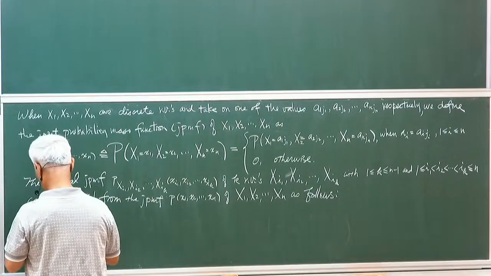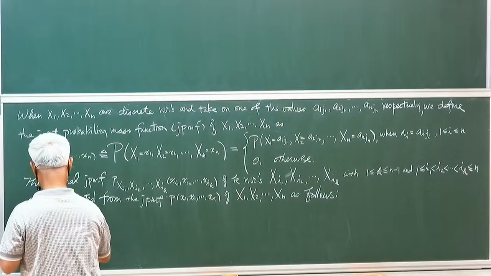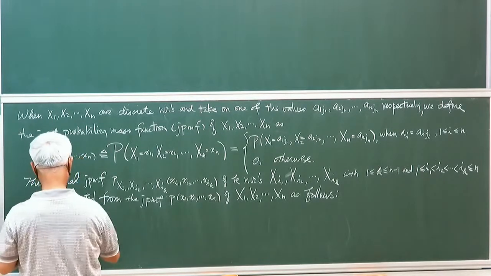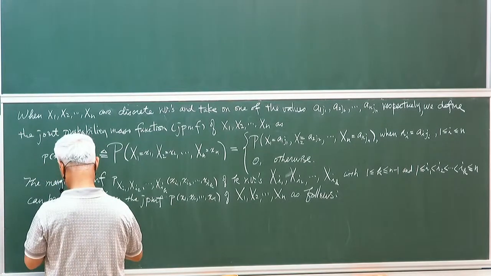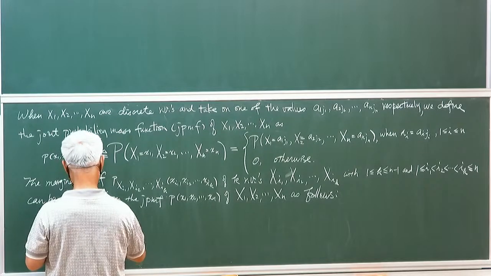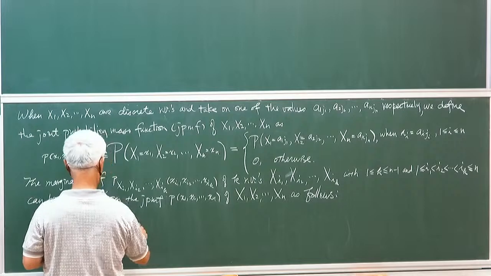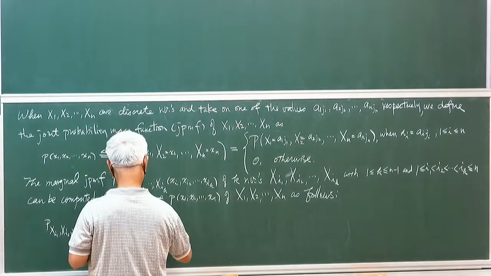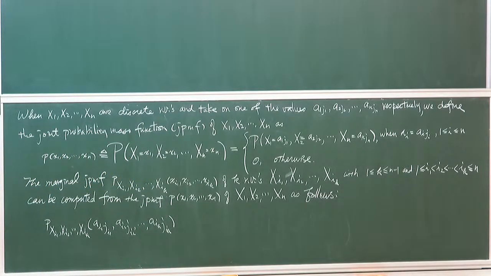Okay, so we can check at i1, i2, ik, at A i1 j i1, A i2 j i2, A ik j ik. Okay, so you have to be careful with the indexing.